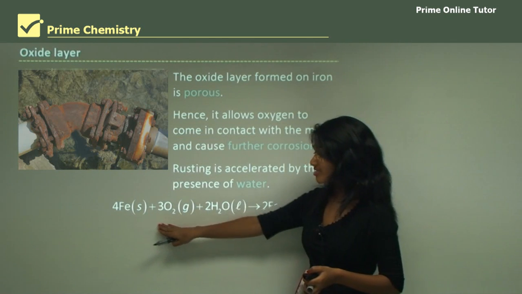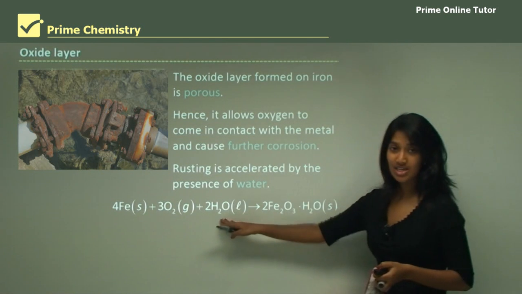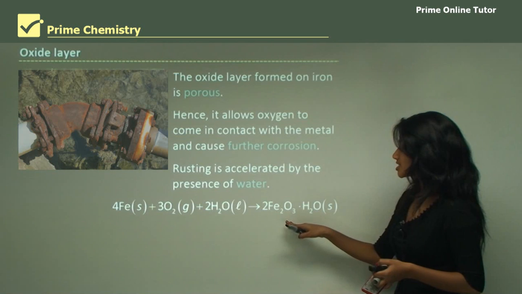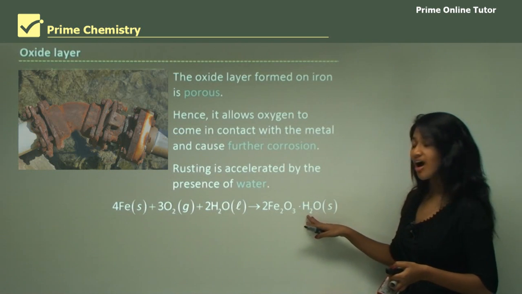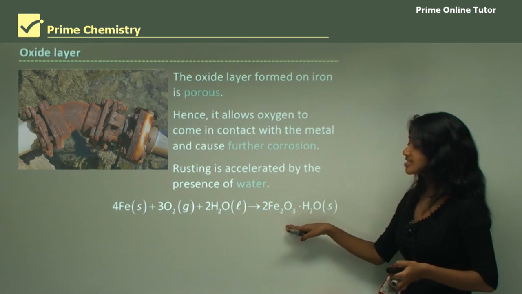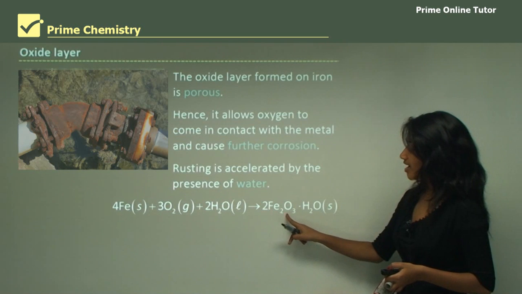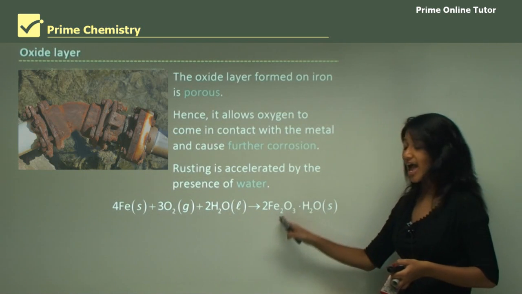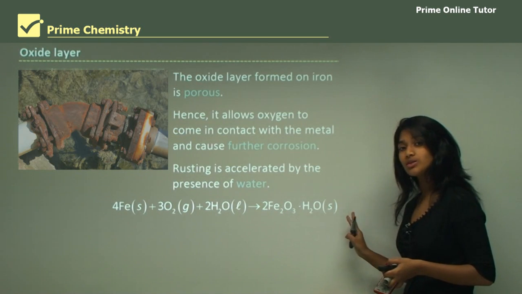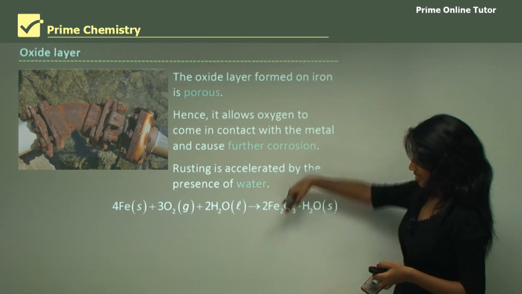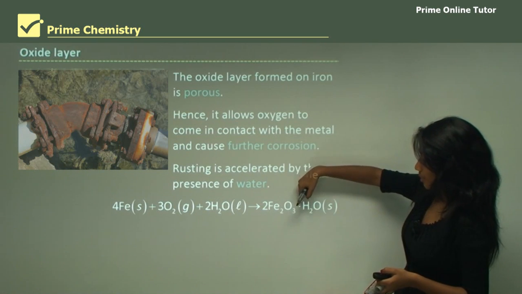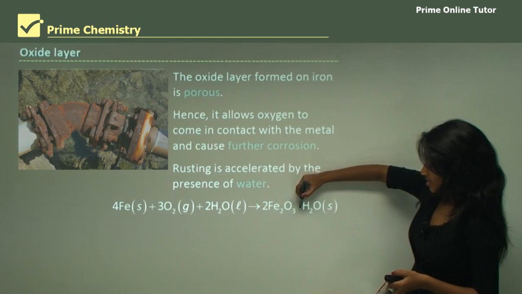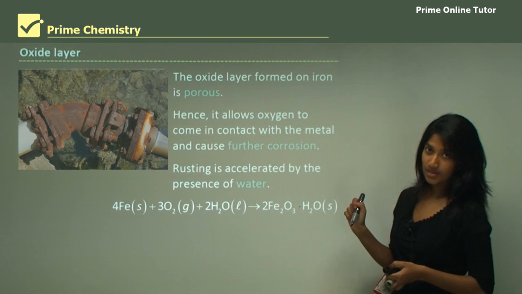Here we have iron reacting with oxygen, in the presence of water. When they react, they form a molecule that has water attached to it, and this is rust. So you have iron oxide with a water molecule attached to it. It's not formed again like without it, it's actually part of it, and that's why a small dot is signifying it.